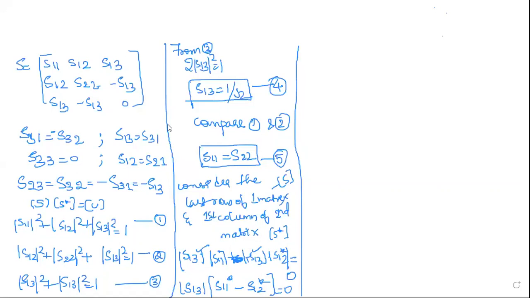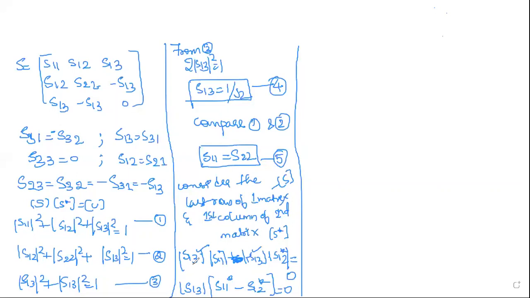Consider the last row of the first matrix and the first column of the second matrix. You can see the equations which I have written yesterday. The last column has S13, minus S13 and 0. The next column has S11, S12 star and S13 star.